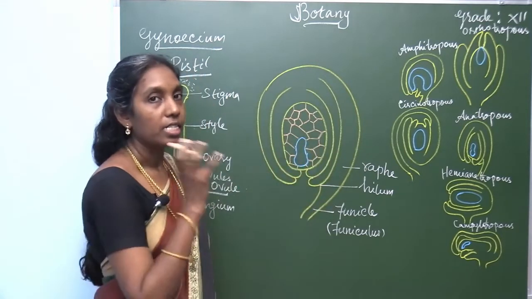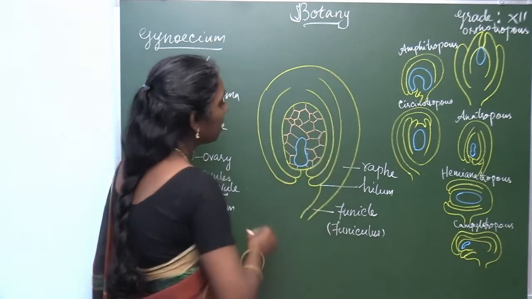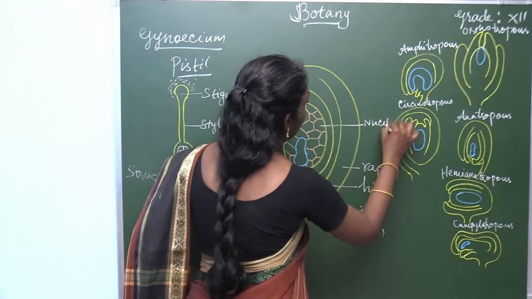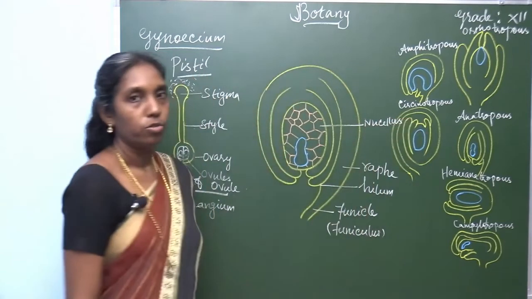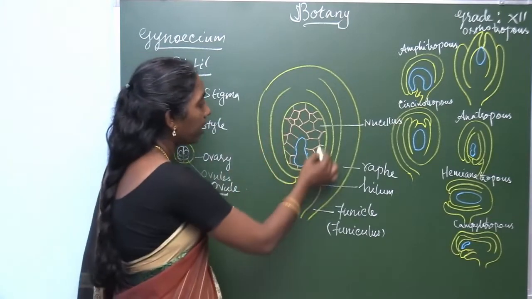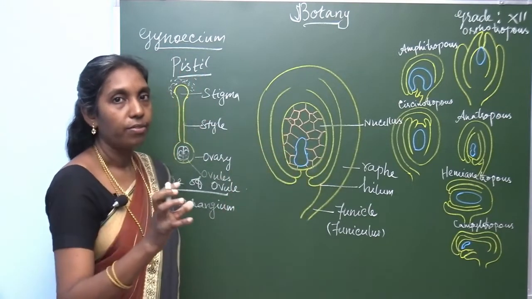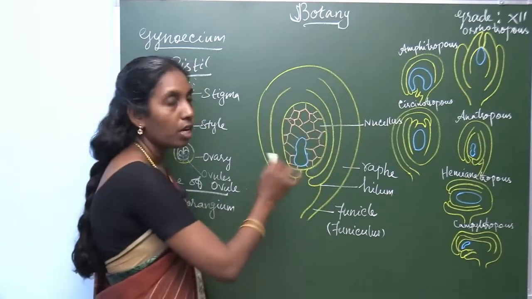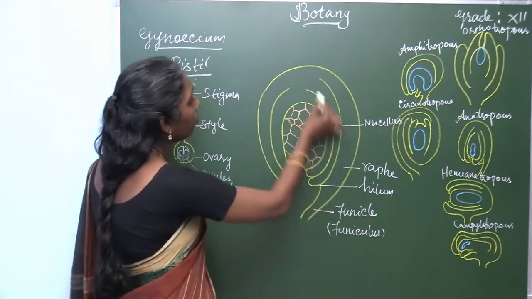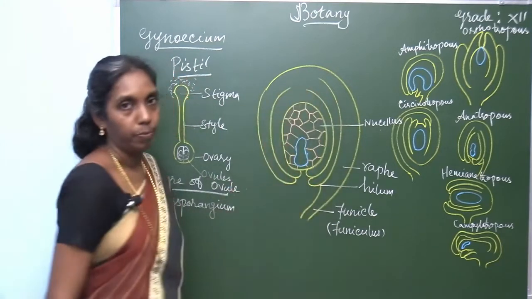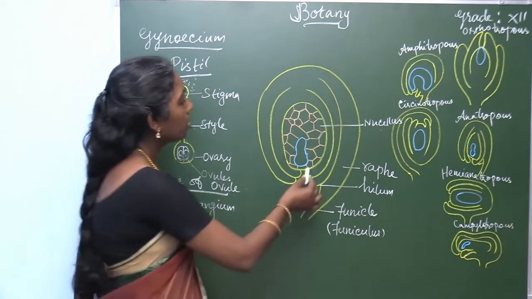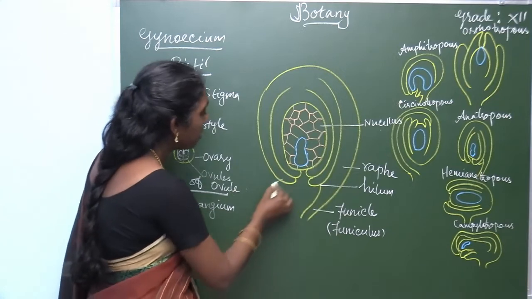These parenchymatous cells contain reserve food. The name of this part is nucellus. This center region is completely made up of parenchyma cells with storage reserve food, so it's called nucellus. The nucellus is covered by one or two envelopes, known as integuments.